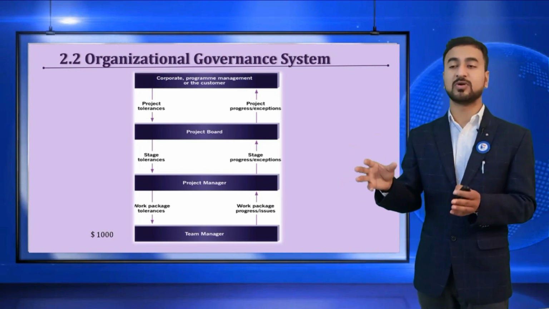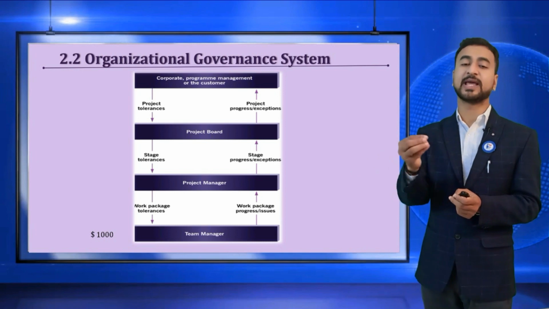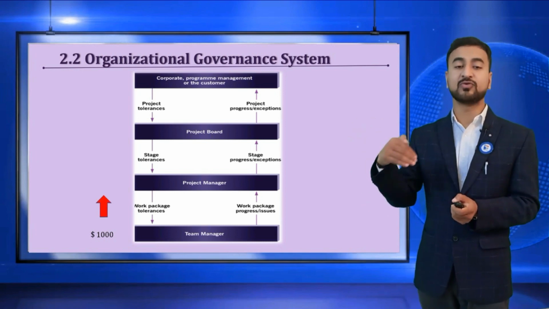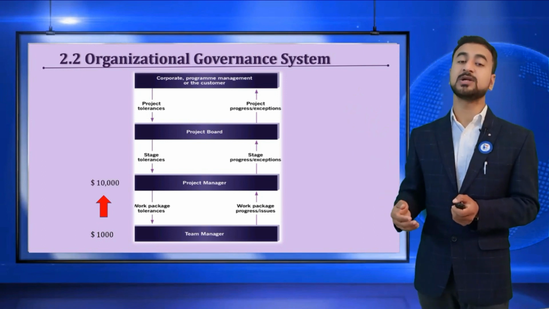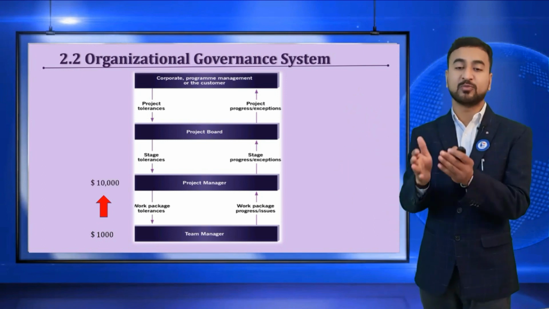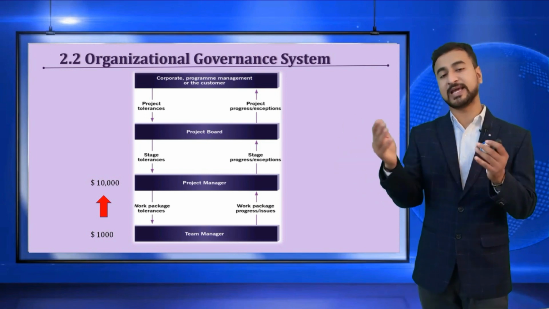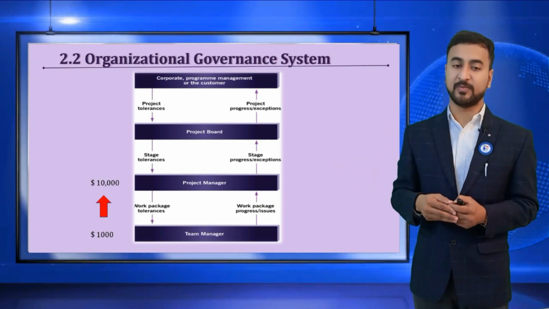Until that $1,000, small change requests can be accommodated at that level. But beyond $1,000, they have to take approval from the project manager, who has authority up to $10,000. He does not need to take approval from the project board. At his level, he can handle that requirement.